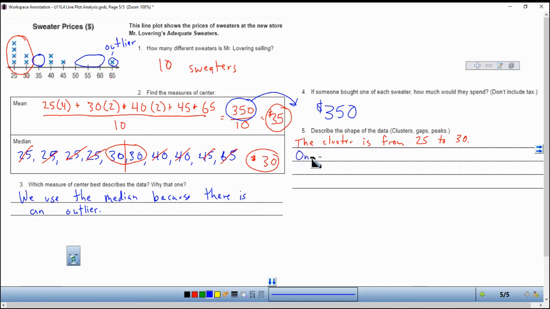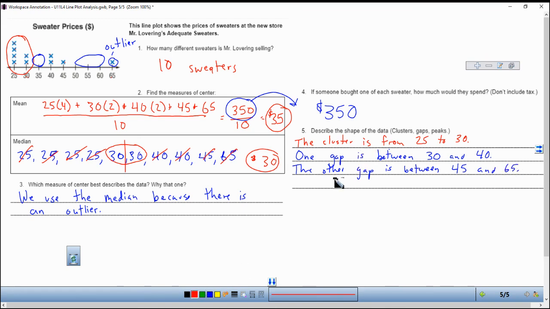So say one gap is between 30 and 40. So we'll say the other gap is between 45 and 65.